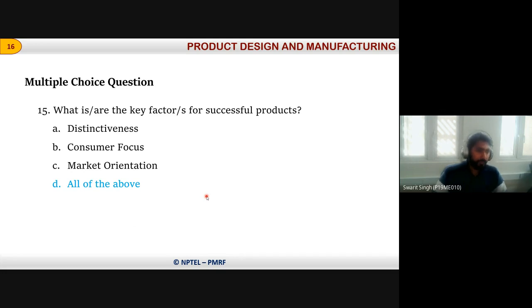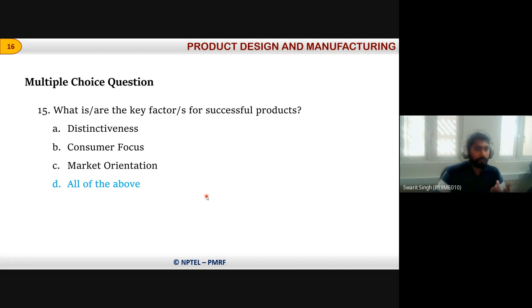Then it should focus on the consumer, who are the consumers and who are going to use that particular product. The product must be designed and produced in such a manner that it focuses on the consumer need, whether the consumer wants it or not, whether they will use it or not.